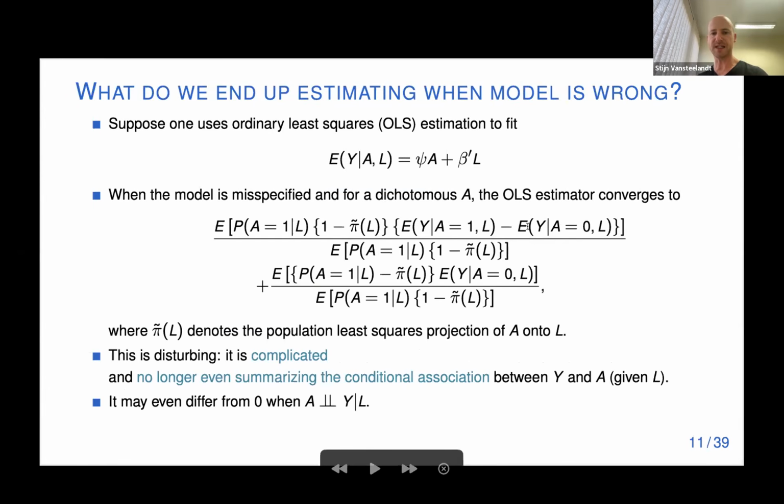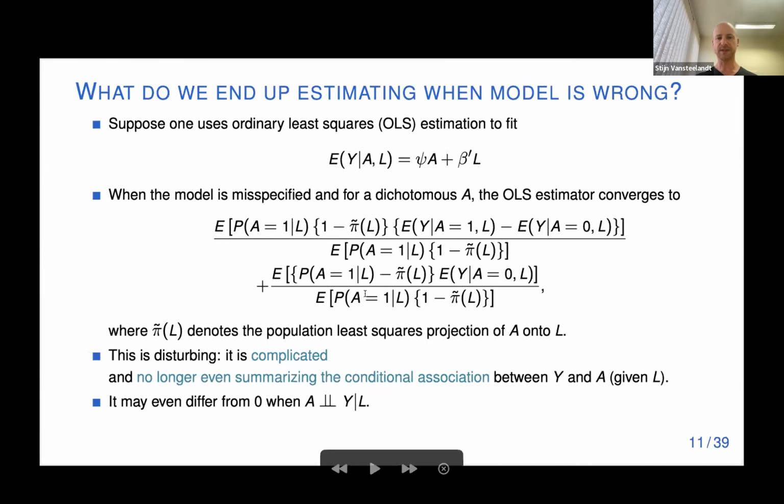So we take a mean difference in outcome between, say, the treated and untreated with the same covariates L, and then we have a weighting factor that involves the true propensity score, as well as this pi tilde, which is a population least squares projection of the exposure on the covariate data. And then the second term is making a contrast of those two, weighting by the mean outcome in the untreated.